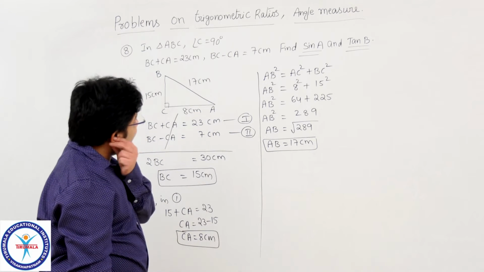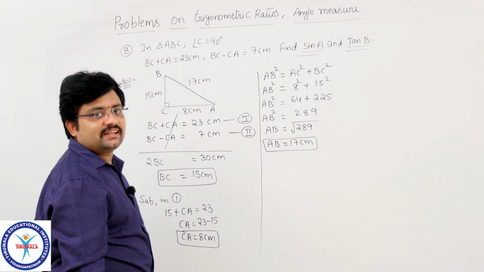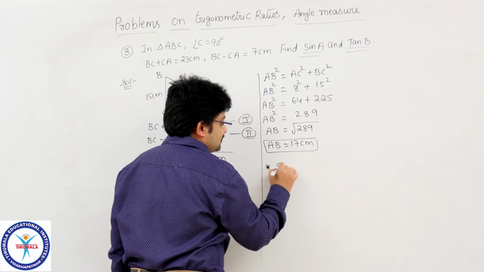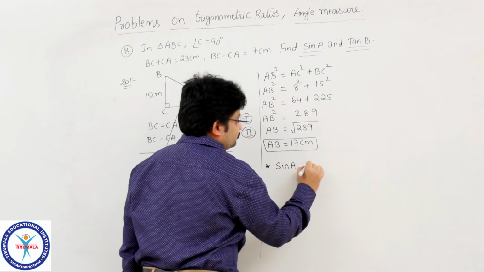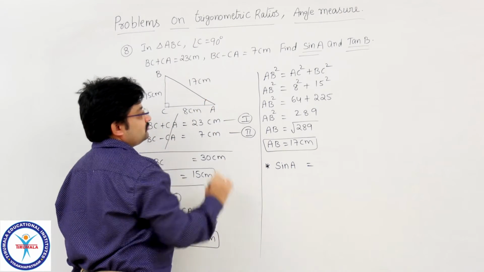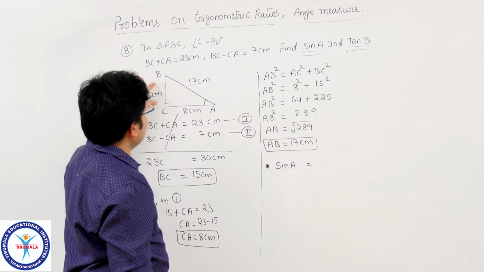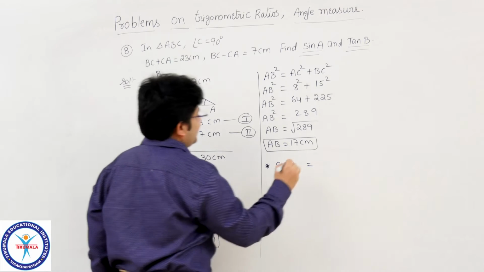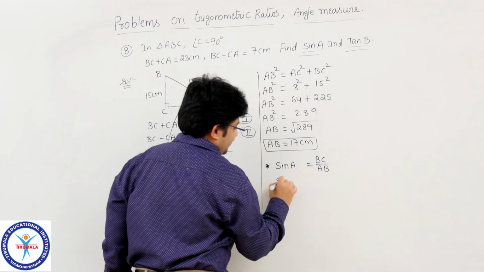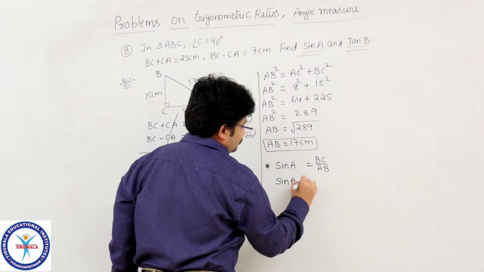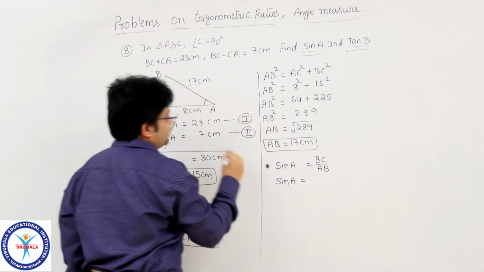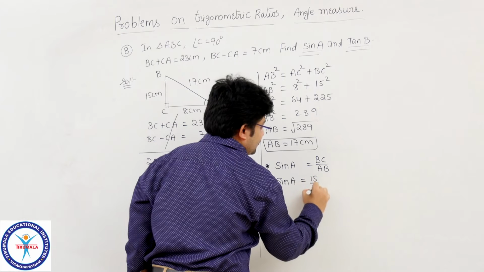Now, what we have to find out? We have to find the value of sin A and tan B. First one is sin A. Sin A is opposite side by hypotenuse, BC by AB. Here the length of BC is 15 and AB is 17, so sin A is 15 by 17.